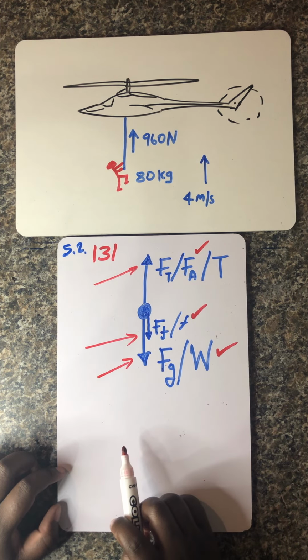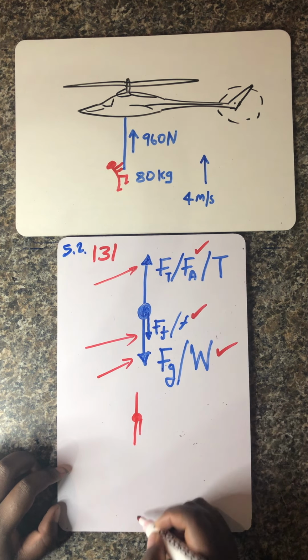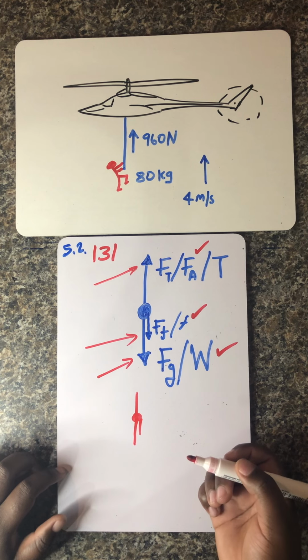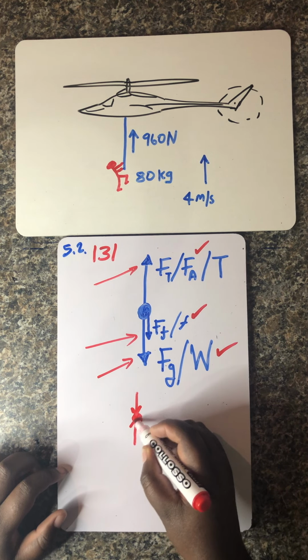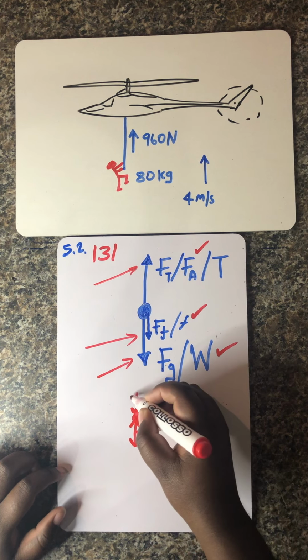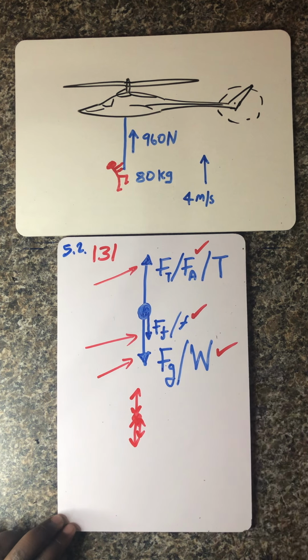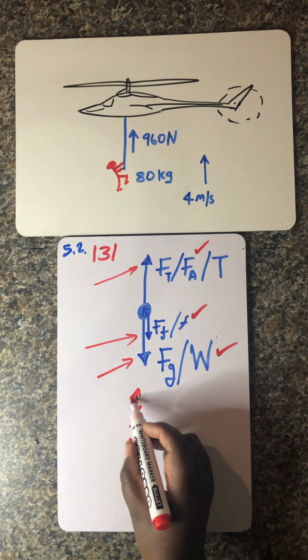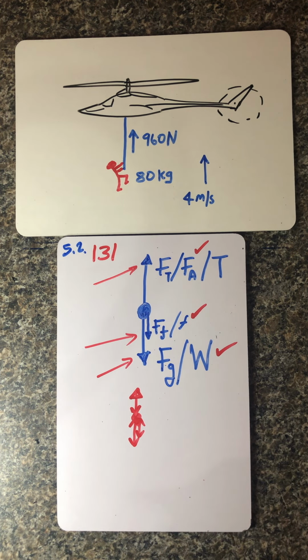Very important, because if you just do this, we don't know in which direction these forces are acting. Maybe they are exerting towards that object, or maybe they are acting in those directions. So it's very important that you make use of the arrows to indicate the direction in which the force is being applied.